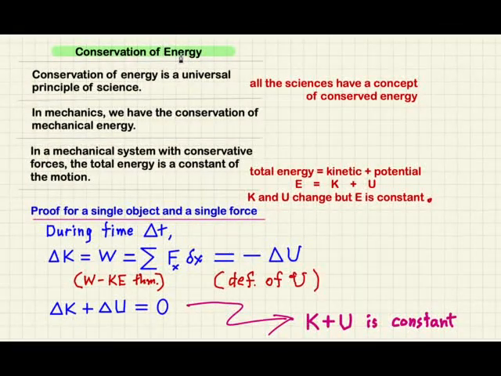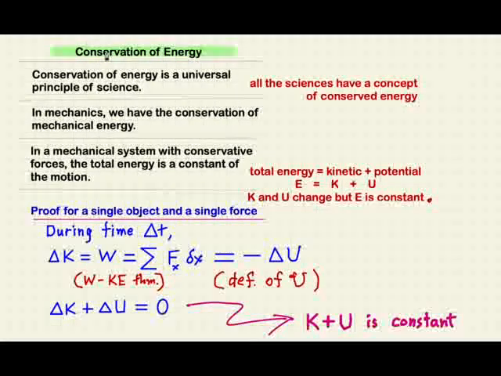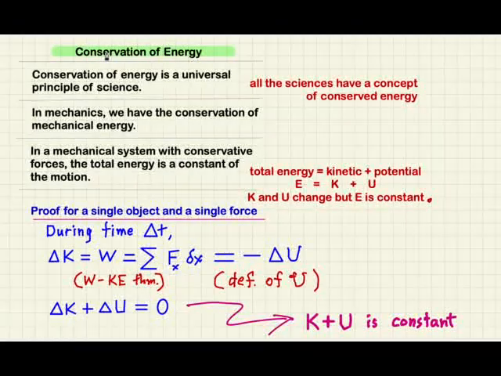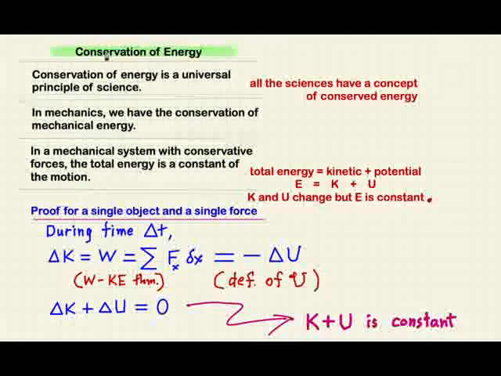The law of conservation of energy, a unifying principle in all the sciences, says that energy cannot be created and energy cannot be destroyed, but energy can be converted from one form to another.